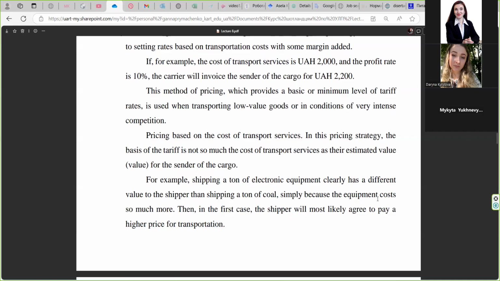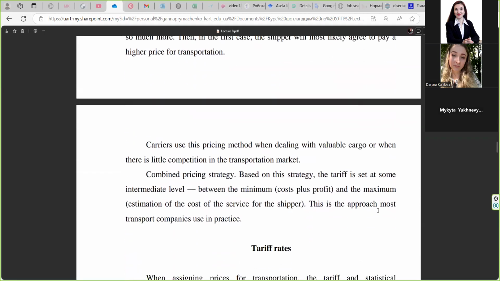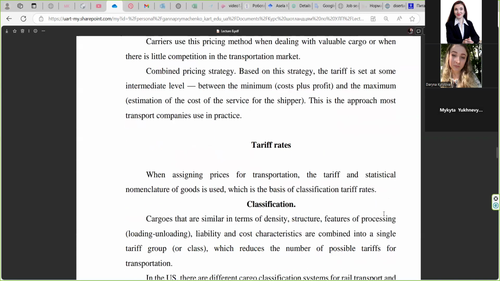Then, in the first case, the shipper will most likely agree to pay a higher price for transportation. So, we need to discuss every position. Carriers use this pricing method when dealing with valuable cargo or when there is little competition in the transport market.